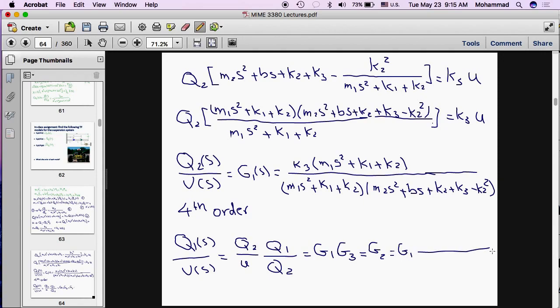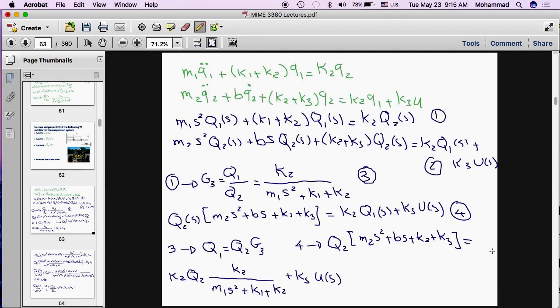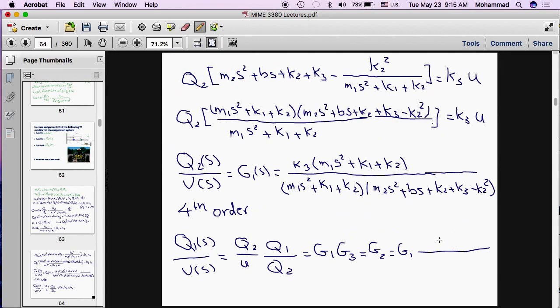G3 was K2 divided by M1 S squared plus K1 plus K2. You should be able to see the good news. If you multiply this ratio by this big ratio here, it will get rid of M1 S squared plus K1 plus K2 in the numerator. Basically, it will simplify that ratio.